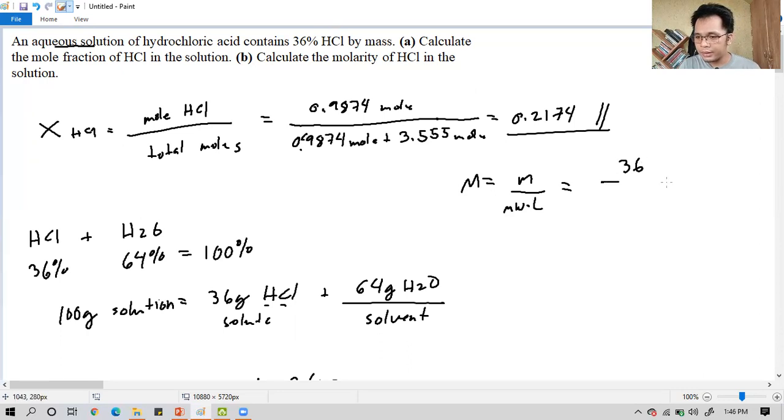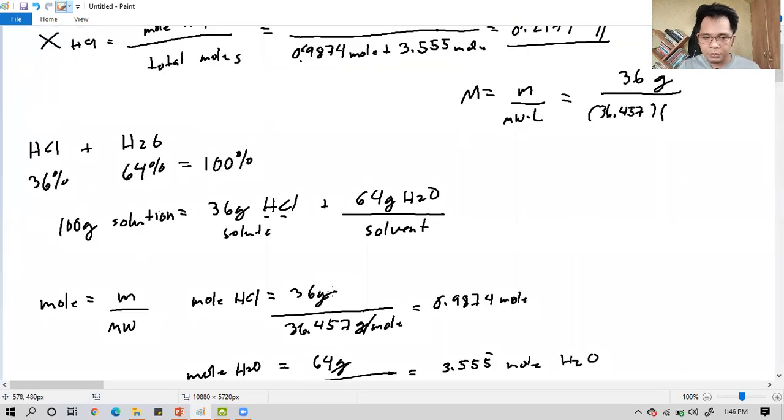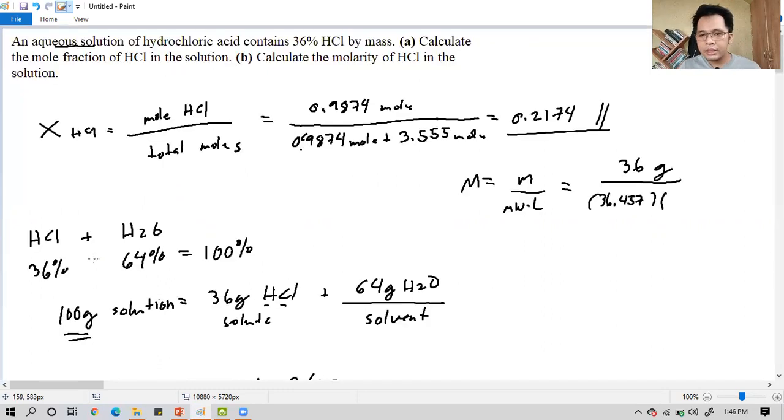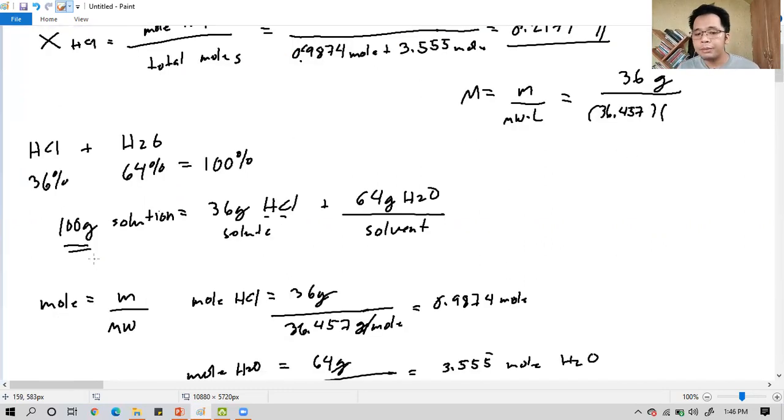So, 36 grams times the molecular weight of HCl, that is 36.457, times the liter of solution. Ilan ba yung solution natin, di ba? That is 100 grams. So, dito, wala kasing given na density. And we have to assume again that the density at the ml of the solution is equals to gram.